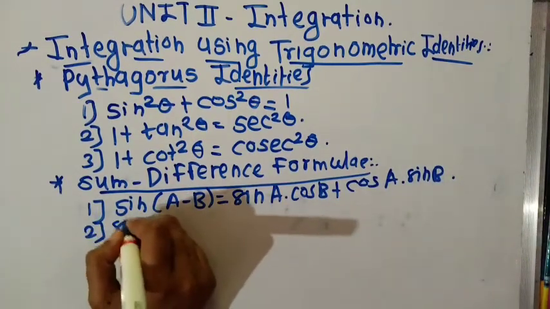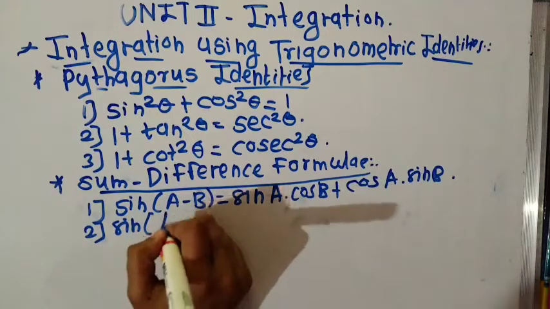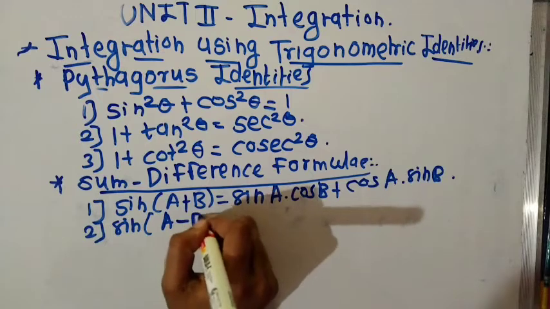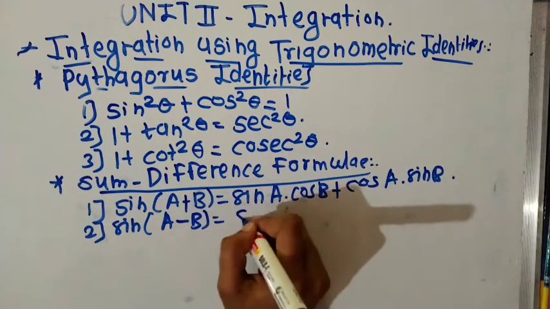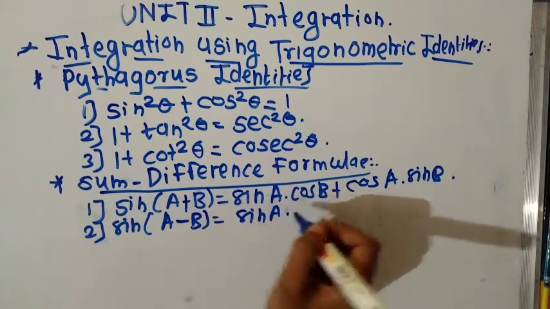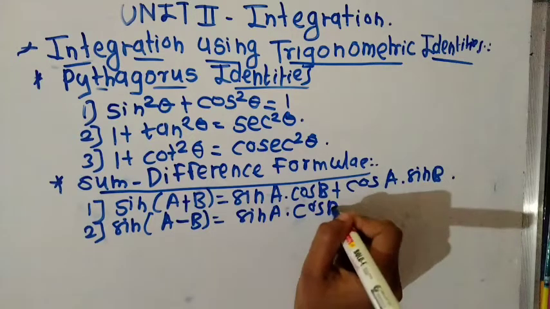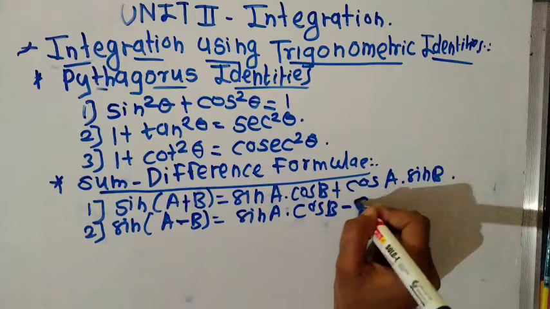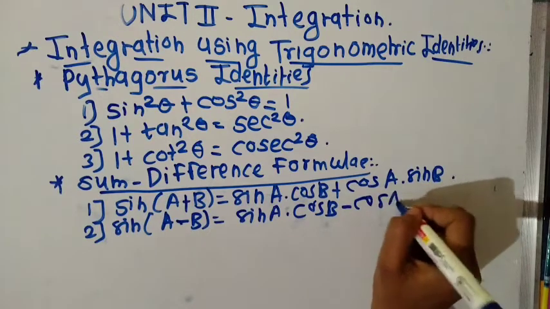Second formula, sin a minus b is equal to sin a into cos b minus cos a into sin b.